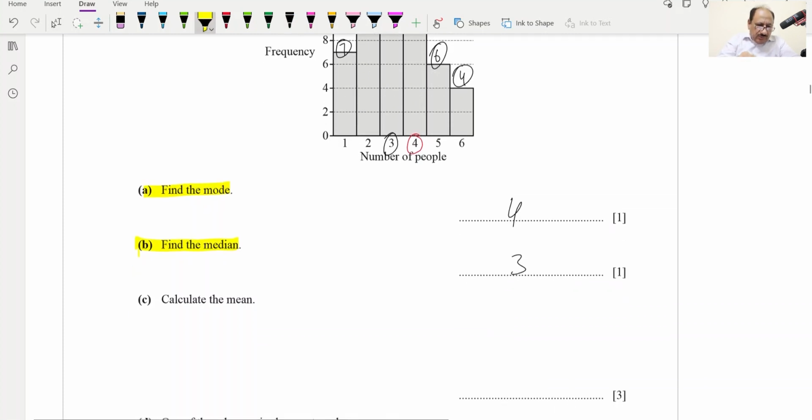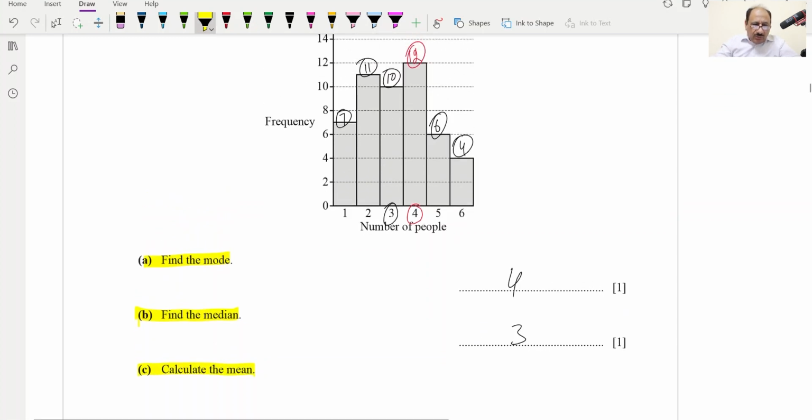Next we want to calculate the mean value. How we will calculate: we multiply this number by this one.